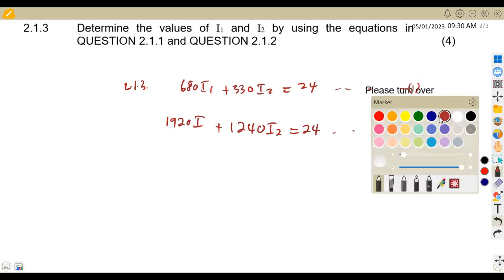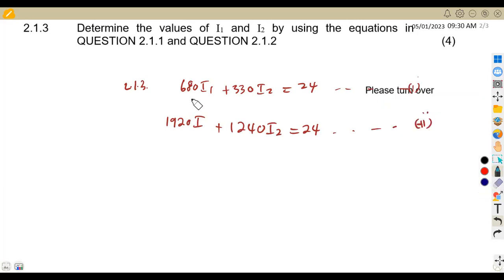So these are the two equations that we had, our first equation and our second equation. So we can actually solve this by eliminating any part, depending on which part you want to work from. In this case, if I am to find I1, therefore I'm going to eliminate I2. To eliminate I2, I focus on this part with I2.